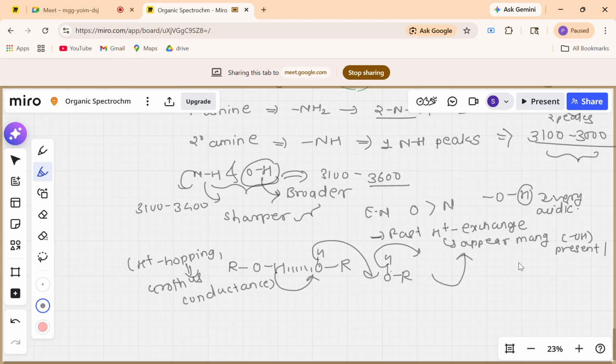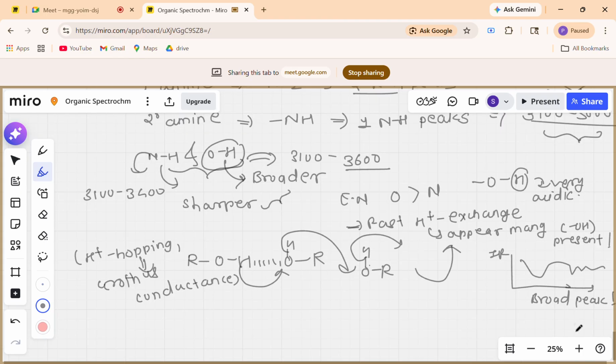It appears like proton hopping is happening, or it looks like there is some Grotthuss conductance happening in the molecule because of this proton hopping, and that's why it appears like there are multiple hydroxyl groups present in a molecule, and hence the corresponding peak you will observe will be much broader in your IR spectra.